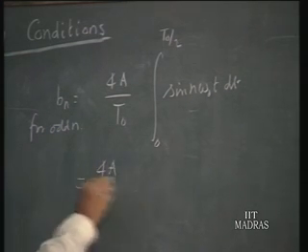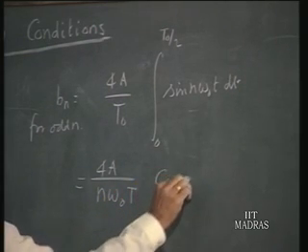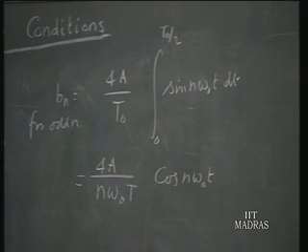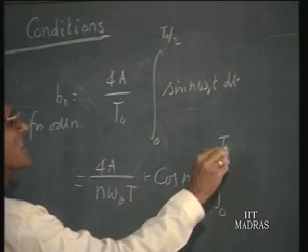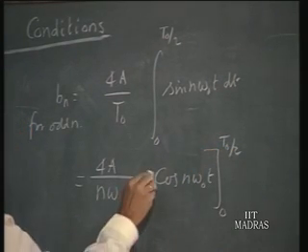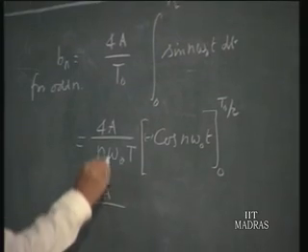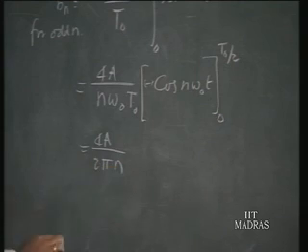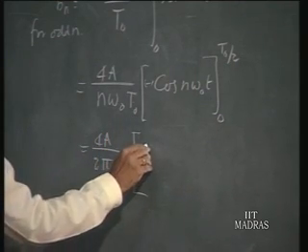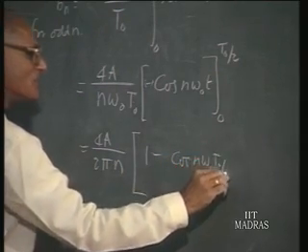So, 4a by n omega naught, minus cos n omega naught t, from 0 to T naught upon 2. Therefore, this will be 4a by n omega naught T naught, where omega naught T naught is 2 pi, so 2 pi n, and here you have 1 minus cos n omega naught T naught by 2.